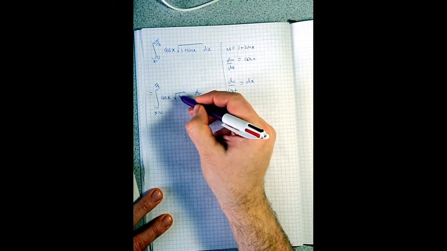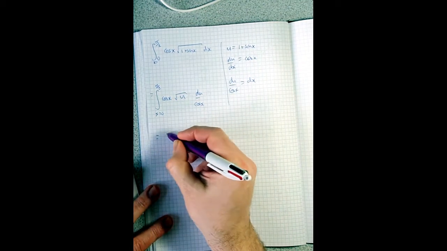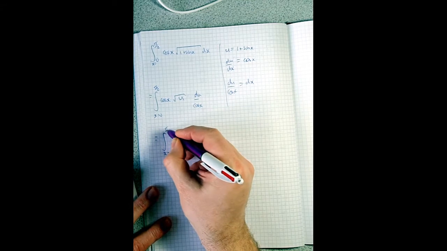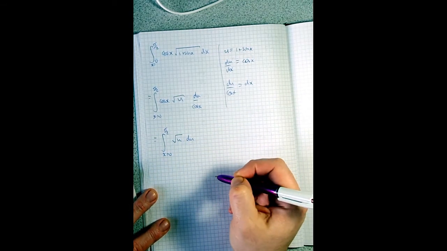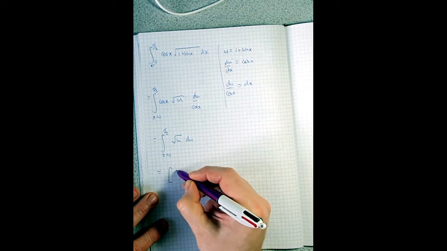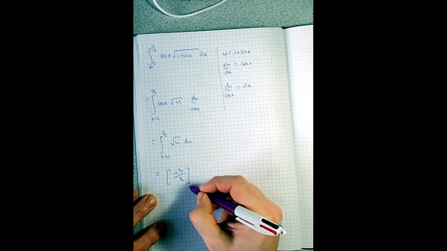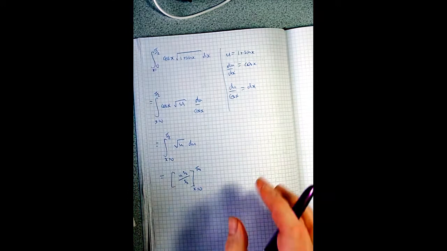So I really only need to replace my 1 plus sine x with my u. Again, I like to write my x down there just to remind myself these are still x values. So u to the 3 over 2 over 3 over 2. And there are my x values.